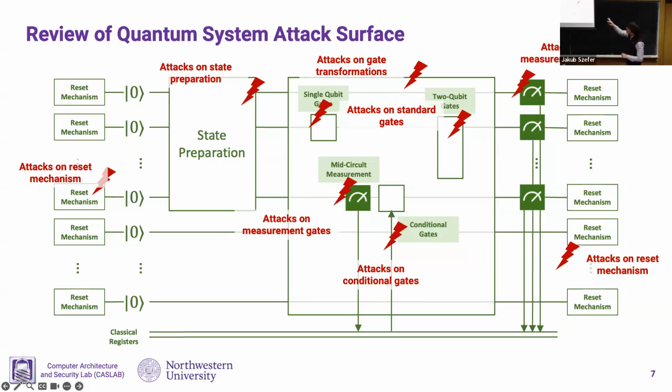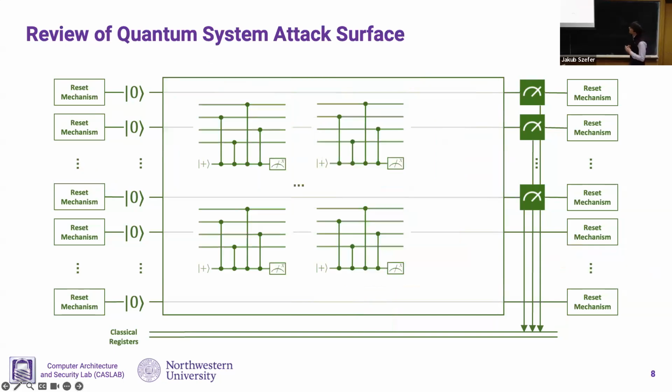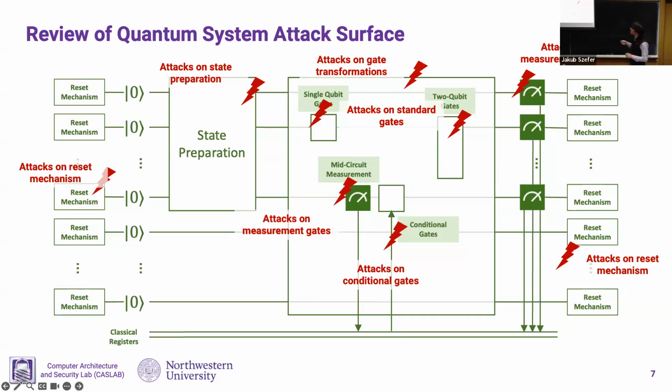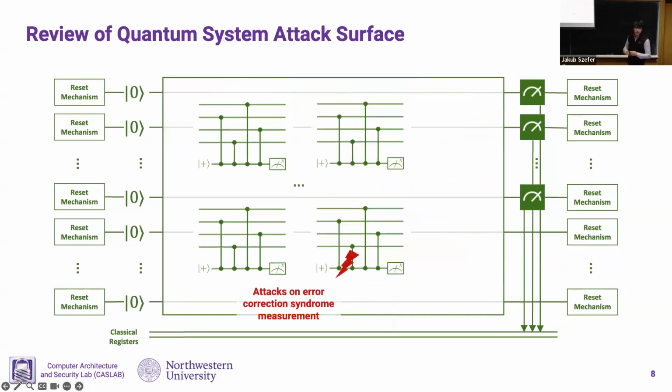And this is really focusing on NISQ machines. When we think about fault-tolerant and error-corrected machines, things are pretty much the same. The only difference is that the basic circuits are more repetitive because you have these syndrome measurement cycles that keep repeating themselves.